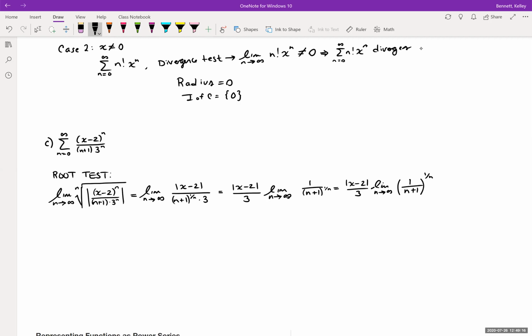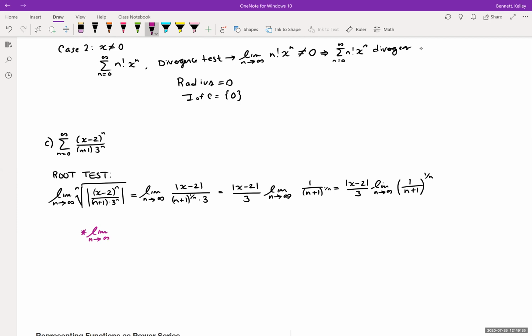And so as n goes to infinity, this is going to bring us to 0 to the 0th. So in order to take this limit, I'm going to have to do that fancy log L'Hopital combo.